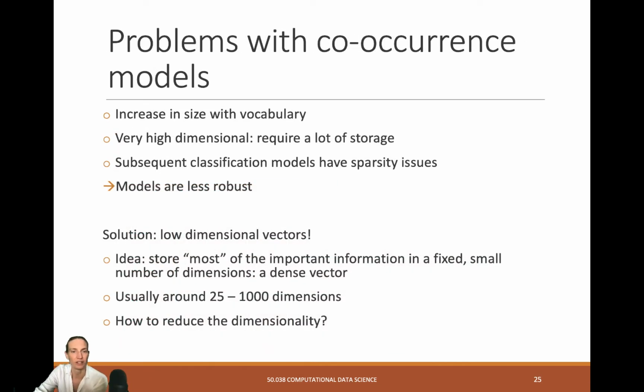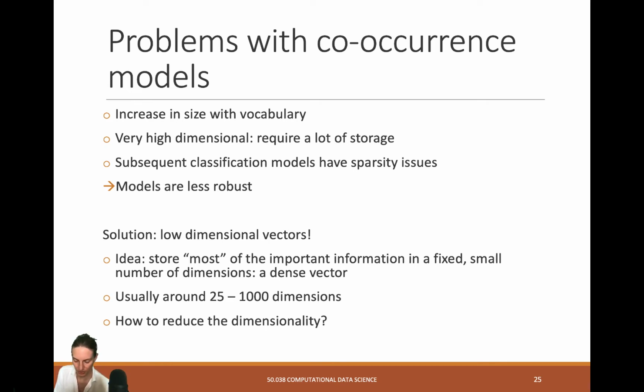Now, this is not perfect yet, because again, when our vocabulary becomes big, our matrix also becomes very big. So again, we are dealing with a high-dimensional representation, which requires a lot of storage, and hence also requires more computational memory if you're going to be running deep learning models. Also, if you do classification models, then it can really have sparsity issues again because of the many zeros that occur.